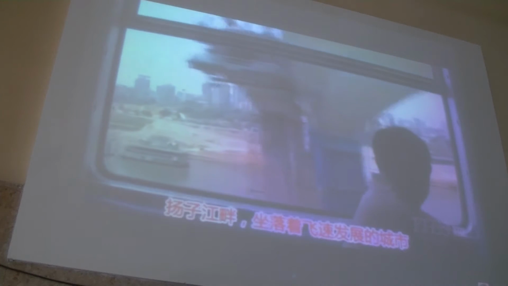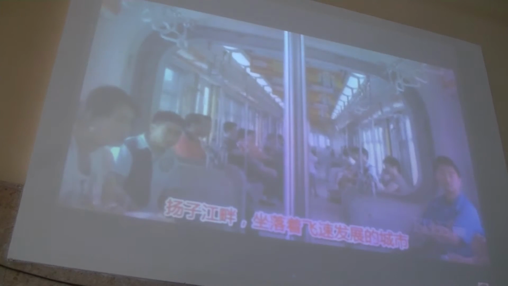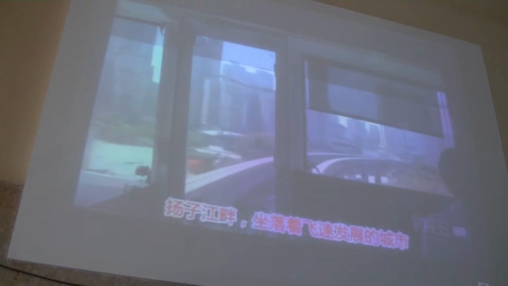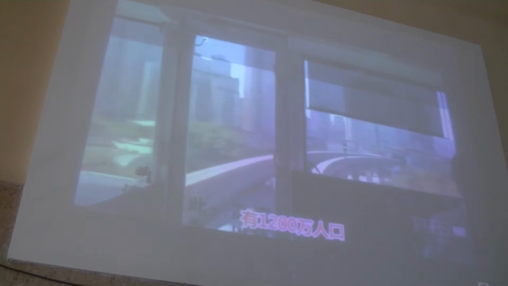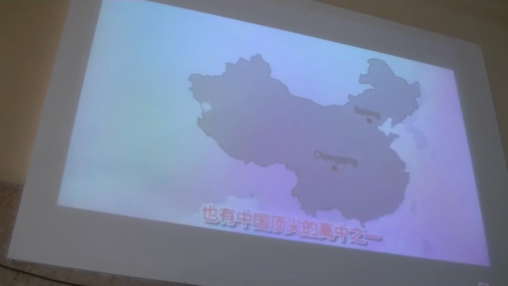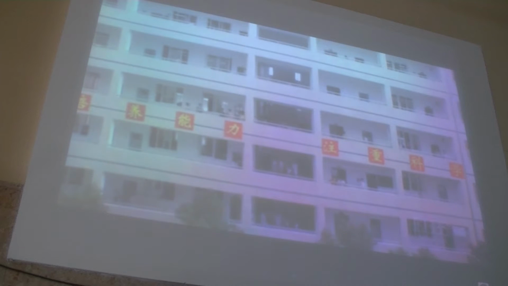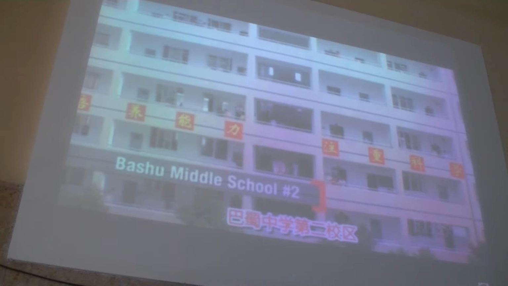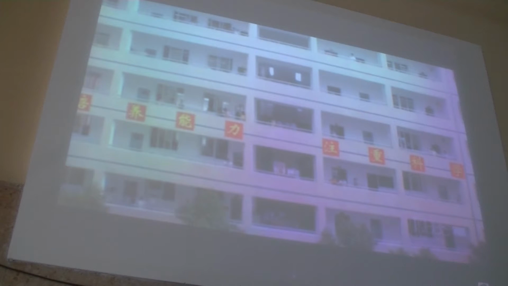On the banks of the Yangtze River lies one of the fastest growing cities in the world, Chongqing, with 12 million inhabitants. Chongqing boasts one of the largest, most elite public high schools in China, Bashu Middle School No. 2. The senior class heads to the courtyard for a welcoming assembly. It's the first day of school.